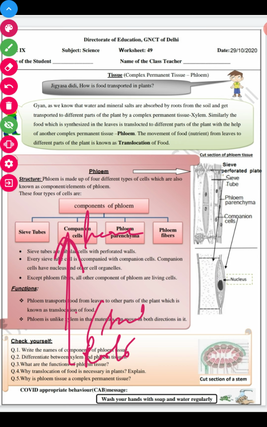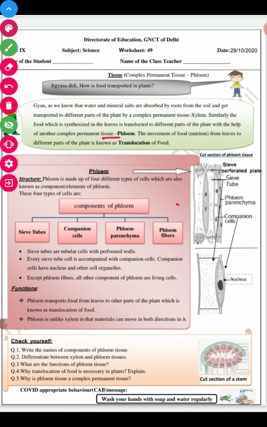Whereas in case of phloem, food is prepared in the leaves with the process of photosynthesis and distributed to all parts of the plants with the help of tissue called phloem. And this process, distribution of food with the help of phloem, is known as translocation.